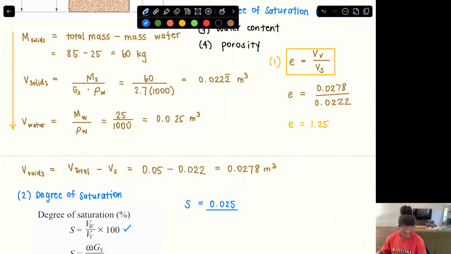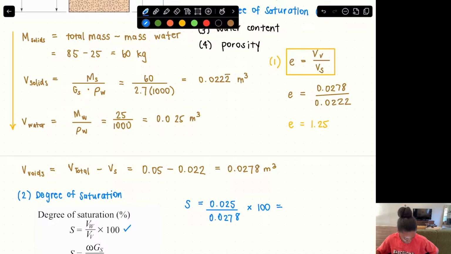All right, so volume of the voids is going to be 0.0278. What are y'all getting? Times 100. Sorry, forgot that part. So this would be a relatively easy problem on the exam.